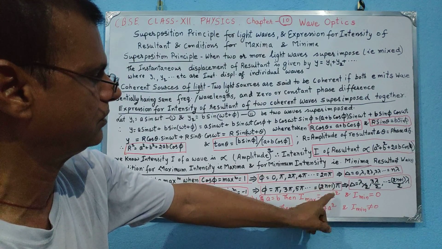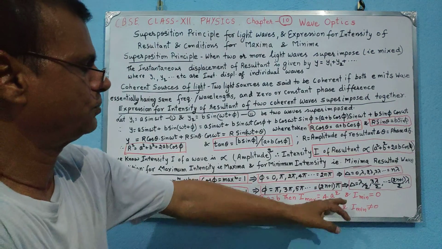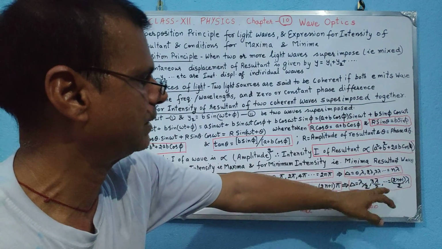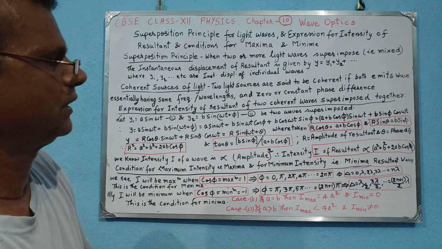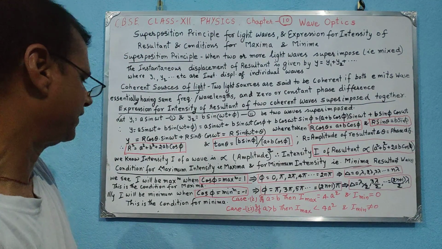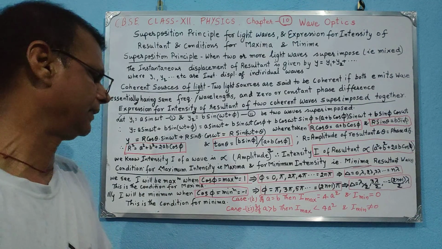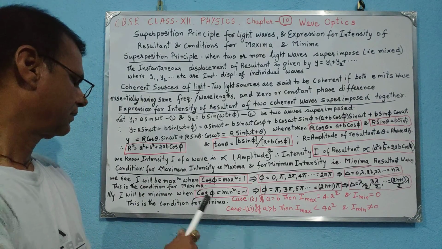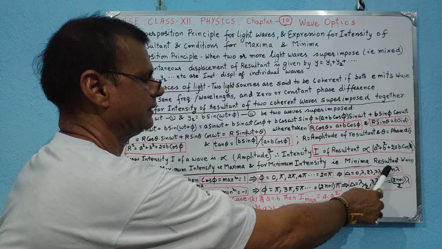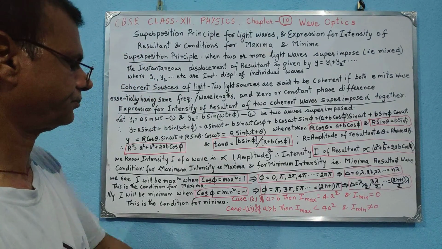We have n equal to 0, 1, 2, 3, and corresponding to this, the path difference will be lambda by 2, 3 lambda by 2, etc. That means (2n plus 1) divided by 2 into lambda will be the path difference for having minimum intensity. This is the condition for minima, and the earlier one is the condition for maxima.